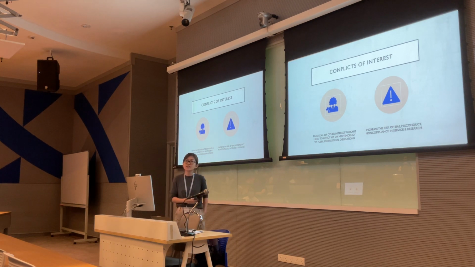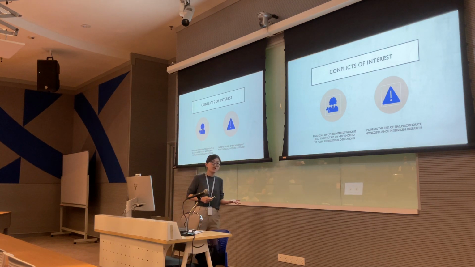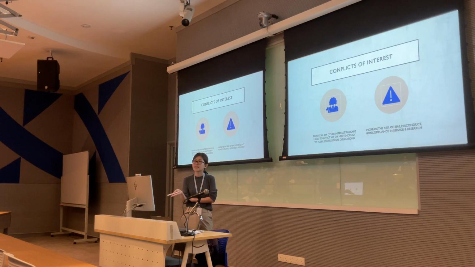Okay, the doctors or some researchers always have to declare: we do not have any conflicts of interest in this study. We do not receive any benefit, or we do not receive any advantage from this study. So these conflicts of interest will increase the risk of bias.